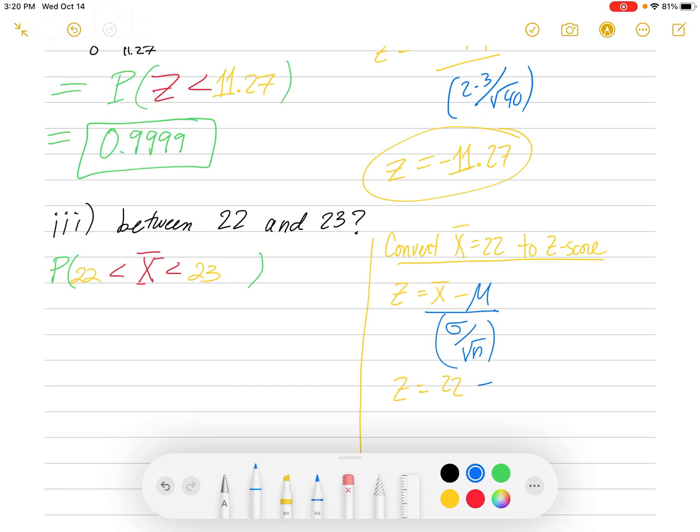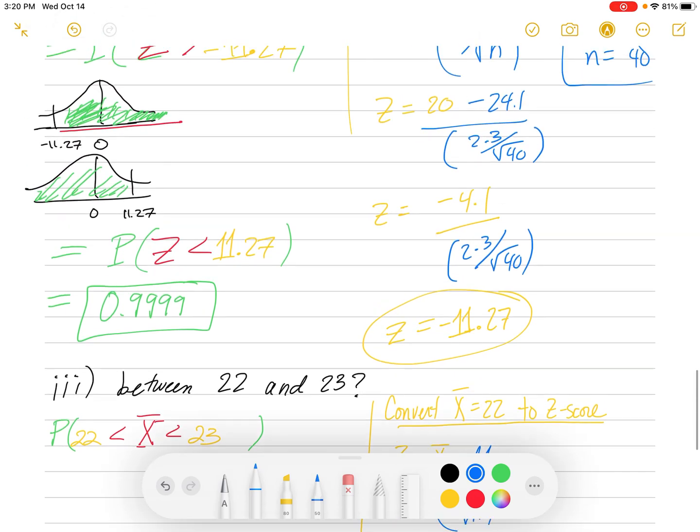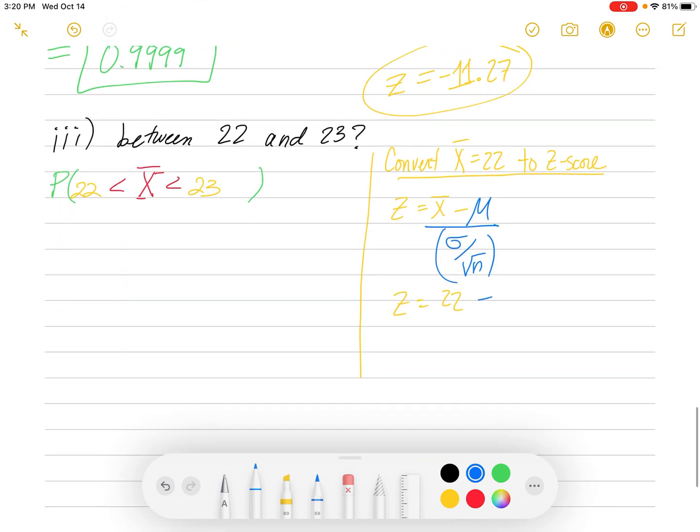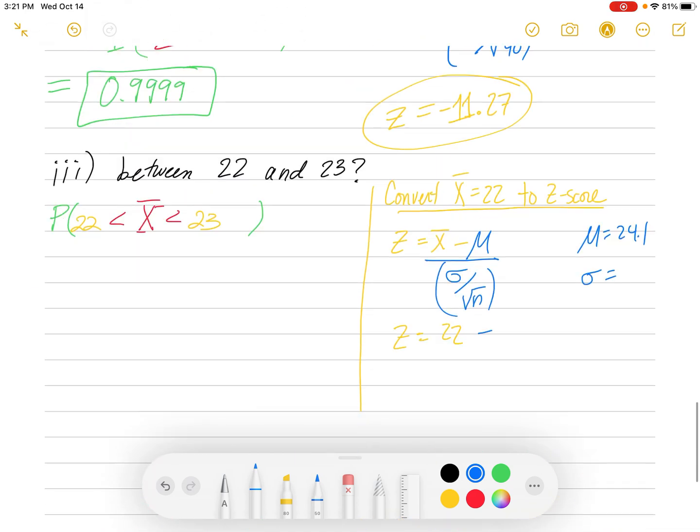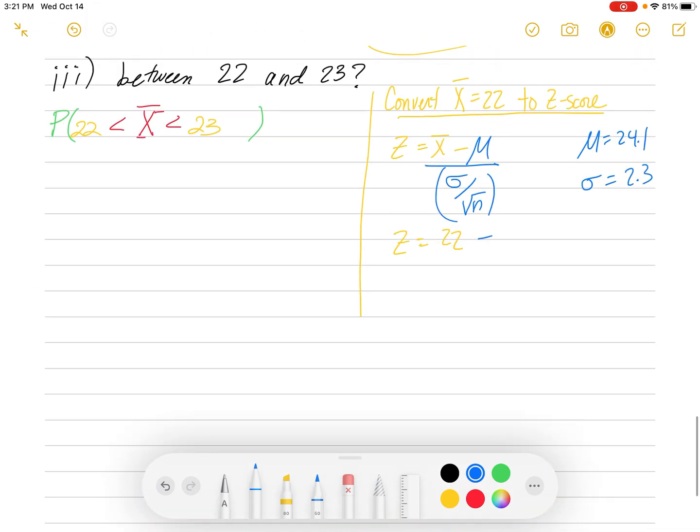Remember, X bar here is 22. Mu, do you remember what mu is? The population mean was 24.1, right? That hasn't changed. The population standard deviation we said was 2.3. And the sample size, n, was 40. That's not going to change. So we're going to take 22 minus 24.1 over 2.3 divided by the square root of 40. We're going to compute that.